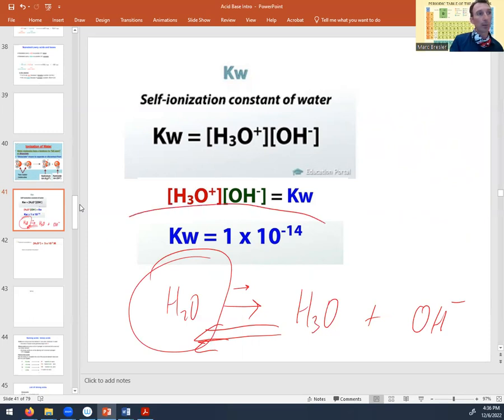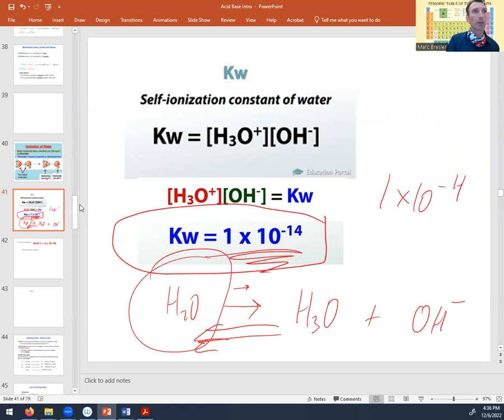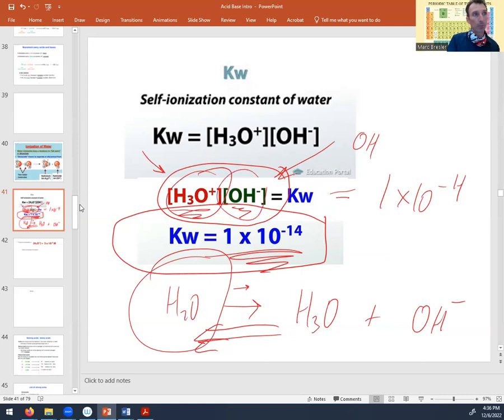Don't need to know about that too much, but what that means is this value is very small, 1 times 10 to the minus 14. So that equals H3O plus times OH minus. So if you know OH minus, you can find H3O. Or if you know H3O, you can find OH minus using this 1 times 10 to the minus 14.